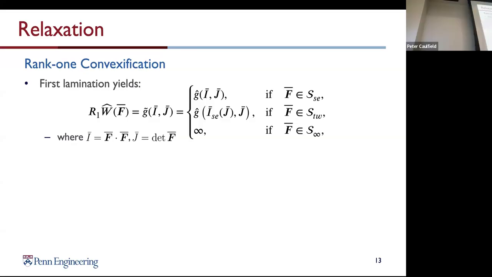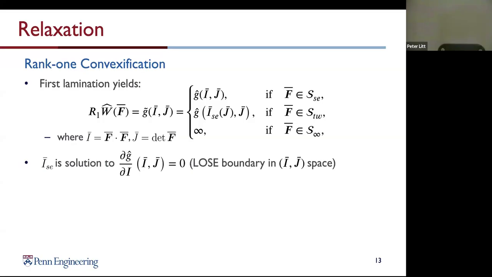And then in this regime where you did lose ellipticity, you can write the result in terms of your mesoscopic energy, but now, instead of evaluating it at the macroscopic I, which you apply to the macroscopic F dot F, you have this alternative prescription where you evaluate the energy based on the volumetric deformation that you applied. And what is that? Well, it turns out that is the solution to the point where the derivative of the energy goes to 0, which, as we just saw, is the loss of ellipticity boundary in that IJ space.